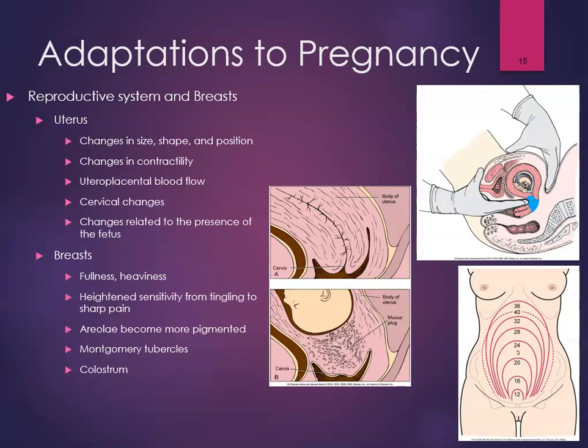There's usually no rhythm to them. You can't predict them as well as you can true labor contractions, which we'll talk about the difference in true and false labor later on when we do labor and delivery. But it kind of is practicing for that as it gets later on, that progesterone starts decreasing, allowing for those contractions so the uterus can practice to push that baby out.